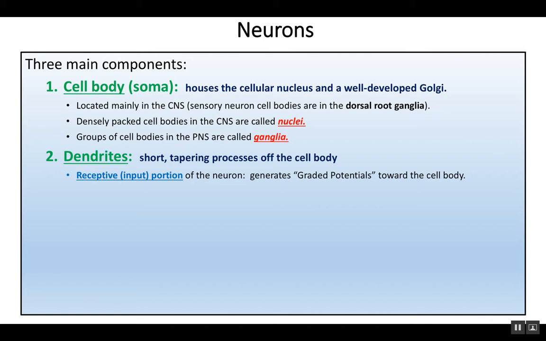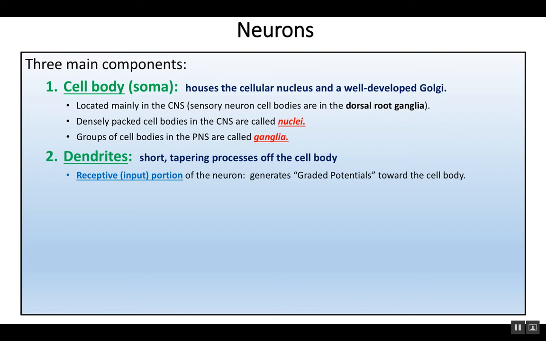So that's its receptive portion. That's the portion of the neuron that's either getting stimulated by some sort of mechanical stimulus, maybe a touch receptor is on the dendrite, or some sort of chemical stimulus. So maybe that's where it has receptors for neurotransmitters.